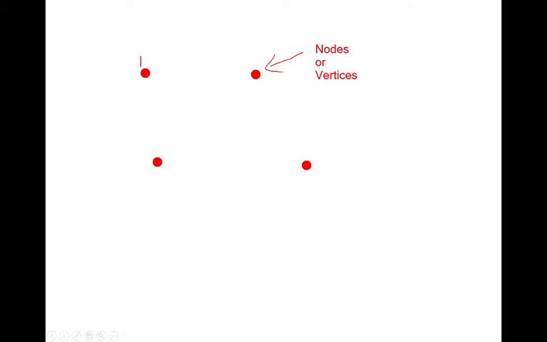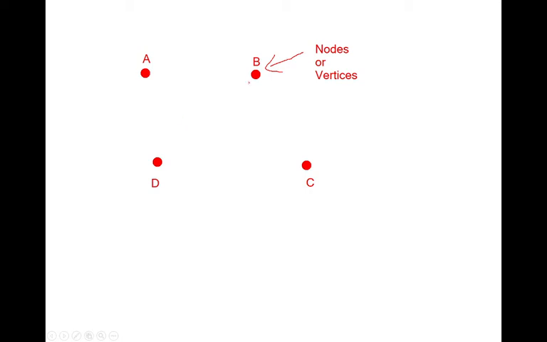Let us name this node A, this node B, this node C, and this node D. So we can have labeled nodes, and these labels can be alphabetical, numerical, or alphanumerical as well. For example, A can be 1, B can be 2.